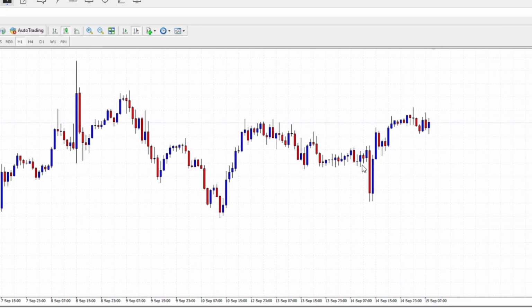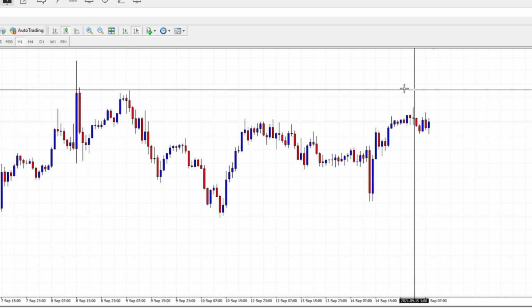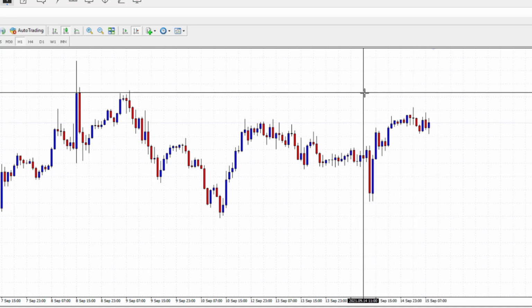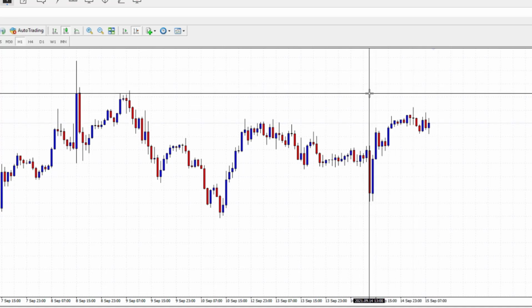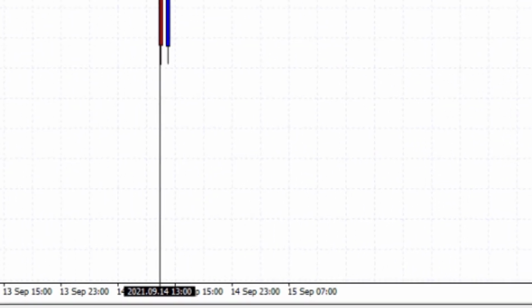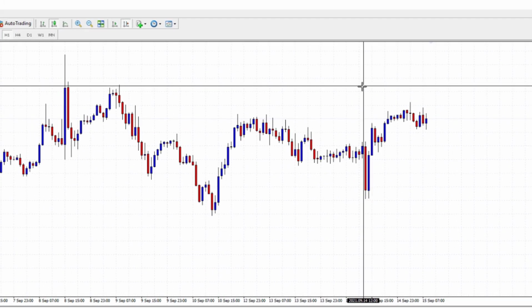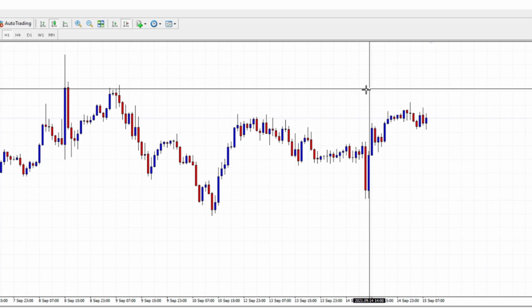Those are two long candles, that's a small candle. So I say, let's see when the long candles happen. I use my cross here and line up the candle, and I say, that happened at 1300 hours and 1400 hours. So I make a note of that. That's one group of long candles.